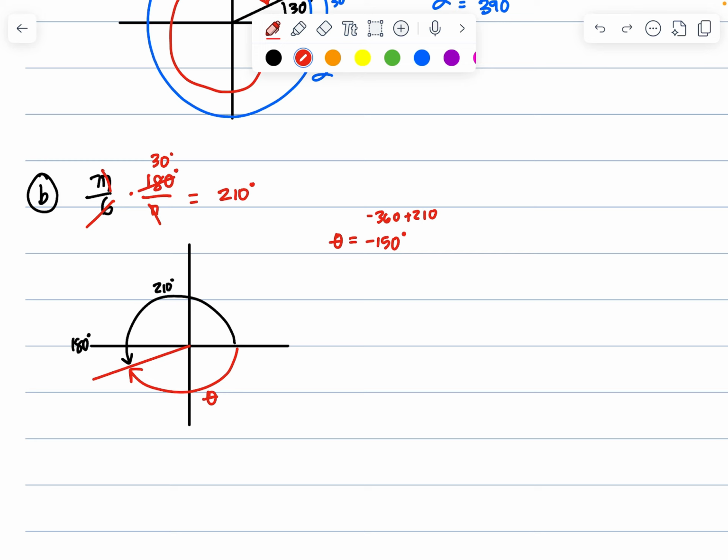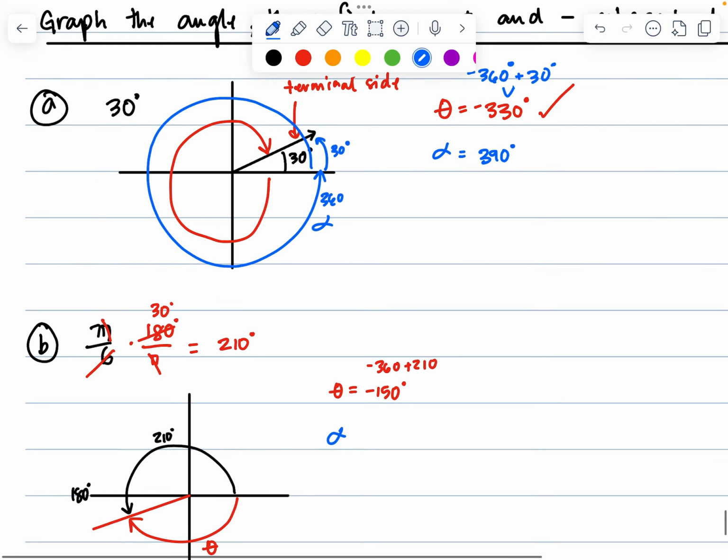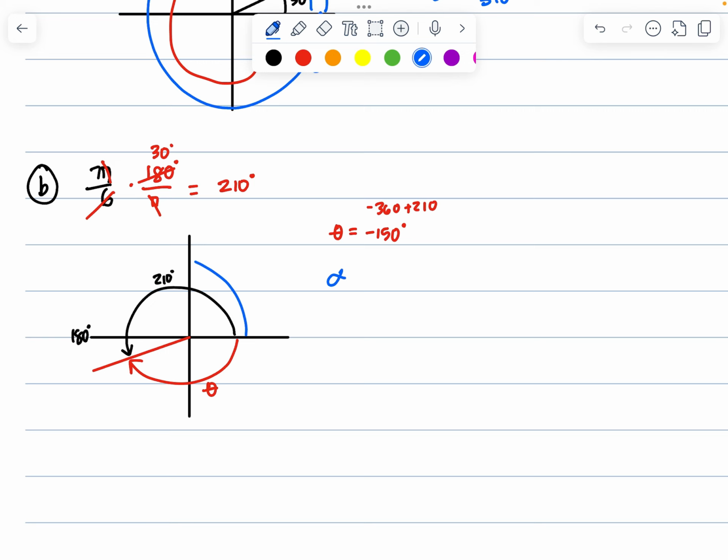And then let's do a positive angle. That means we need to rotate more than that 210. In this case, it's going to be 360 plus that 210, which is 470 degrees.